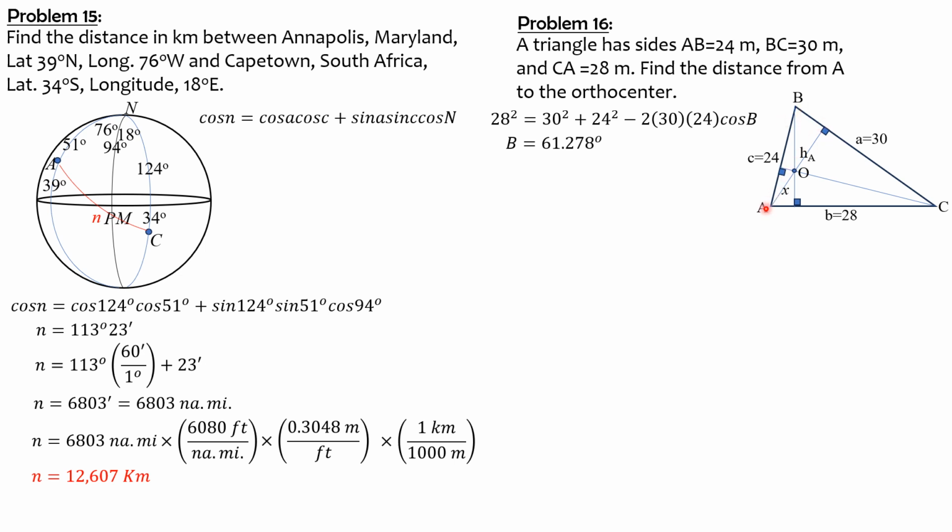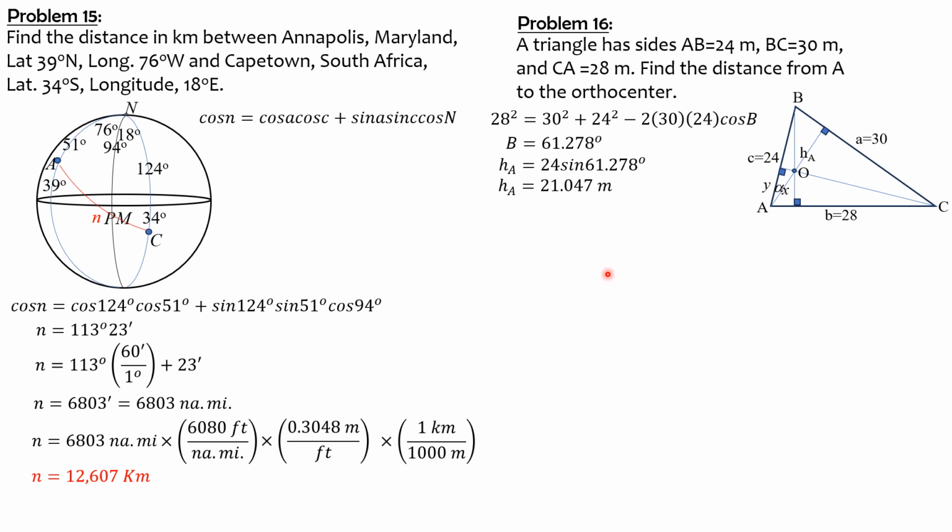So that means if this is 61.278 degrees, we can now solve for HA, which is equal to C sine of angle B, because HA is opposite to angle B and this is a right triangle. So HA is 24 sine of 61.278 degrees. Having found HA, which is equal to 21.047 meters, then we can compute this angle here. We need this angle here, alpha, and cosine of alpha is HA over 24.